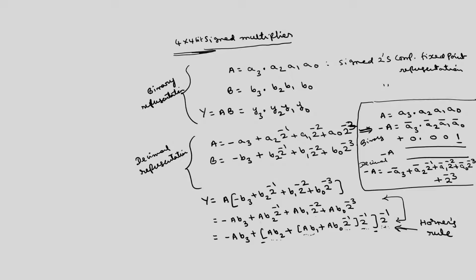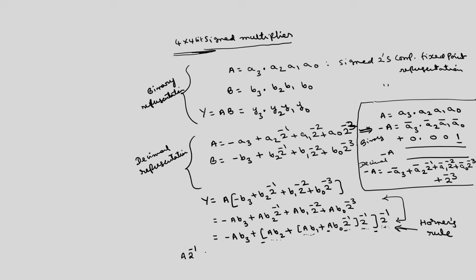Another thing is, given A, we require A into 2 raised to the power of minus 1 also. So, given A, how to obtain A into 2 raised to the power of minus 1? What is A 2 raised to the power of minus 1?